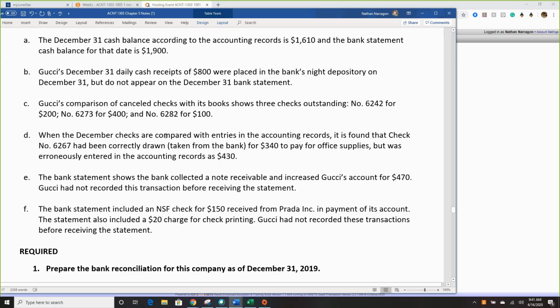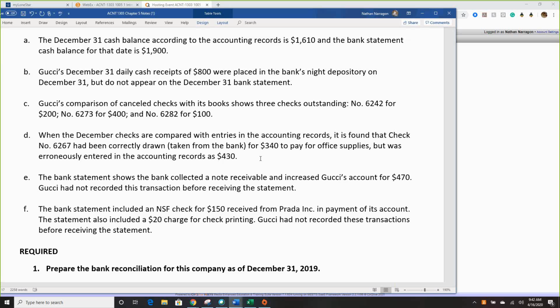When the December checks are compared with entries in the accounting records, you're comparing the two. It is found that check number 6267 has been correctly drawn, pretty much meaning taken from the bank, for $340 to pay for office supplies, but was erroneously entered in the accounting records as $430. So first off, which one did it correctly? Is this an error?